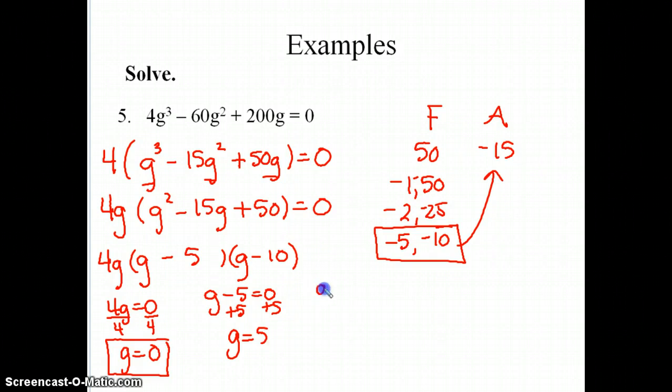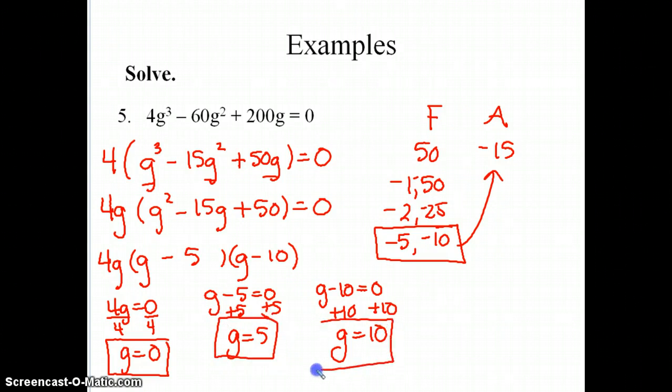And then my final factor, g minus 10 is equal to 0. I add 10 to both sides. And I end up with g equals 10. My final answer is g equals 0, g equals 5, and g equals 10. This is a cubic, so therefore I have 3 solutions to this problem.